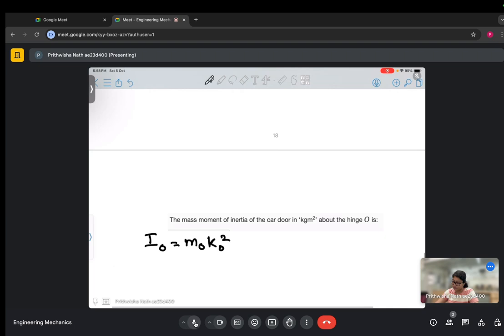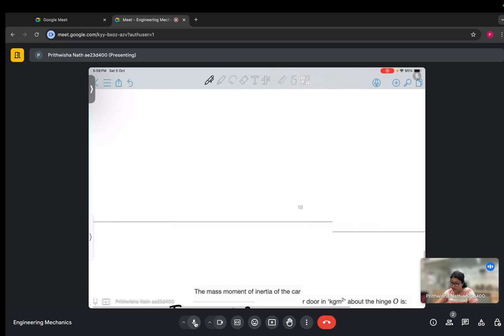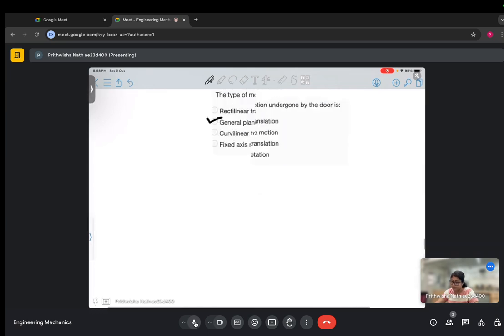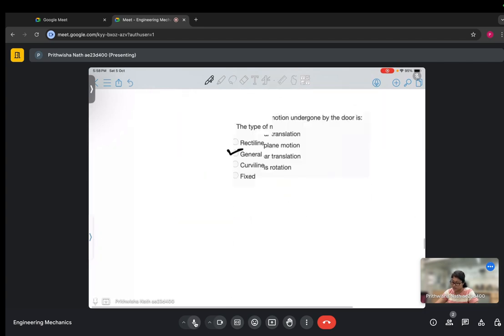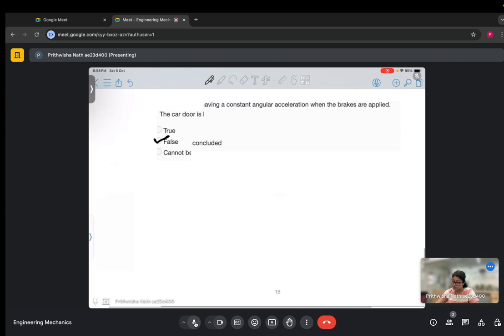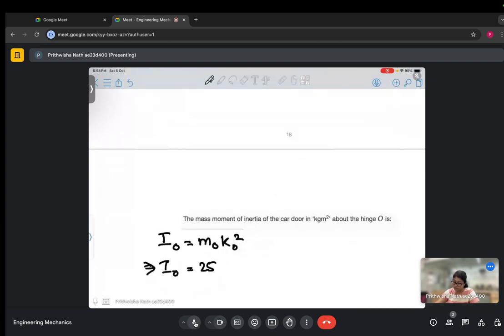So I_O equal to m_O is given as 25 and k_O is given as 0.5, 0.5 whole square.